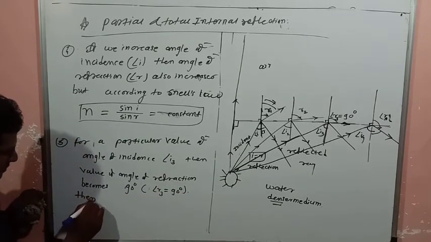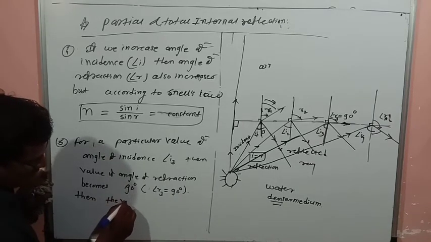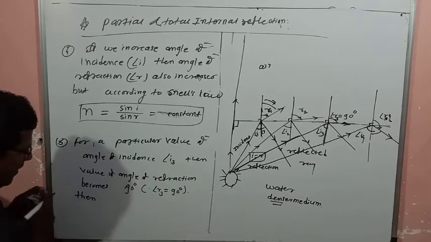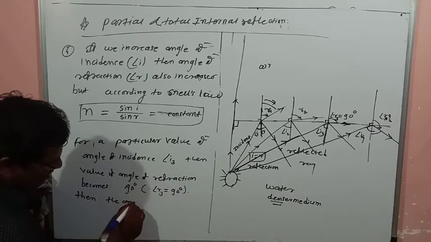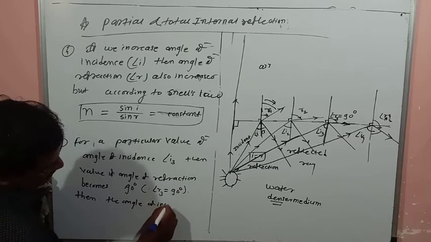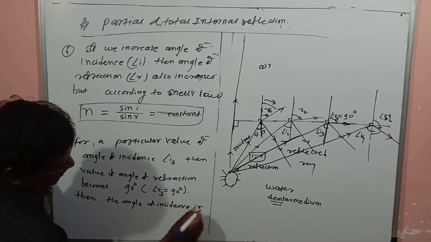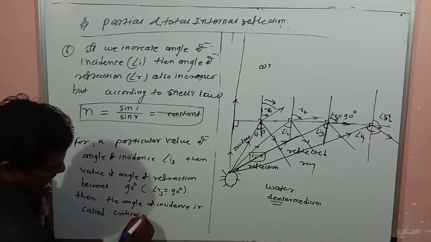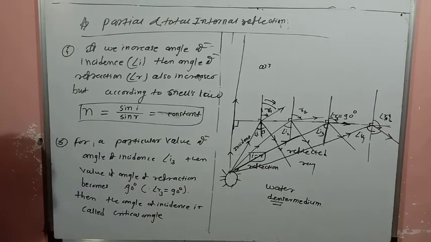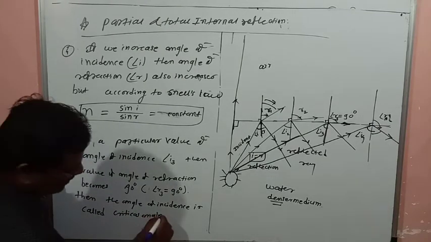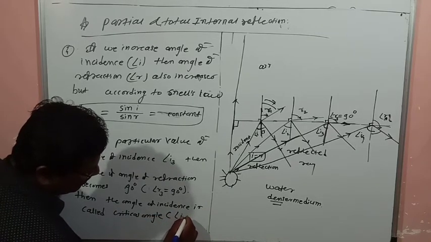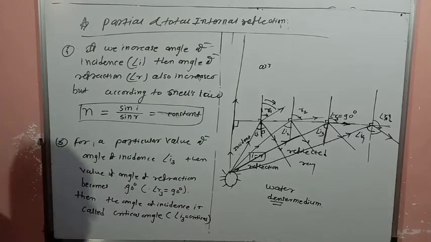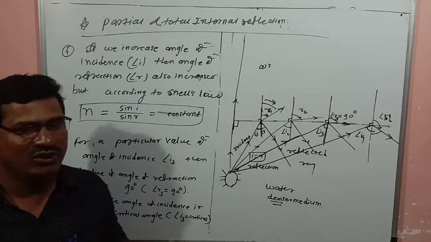Then the angle of incidence is called critical angle. That means angle I3 will be the critical angle.